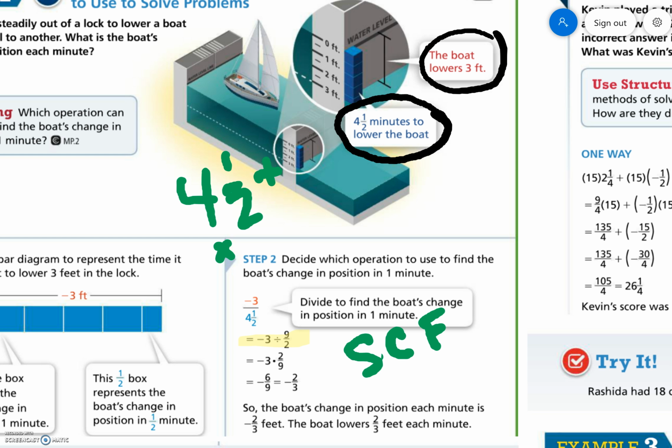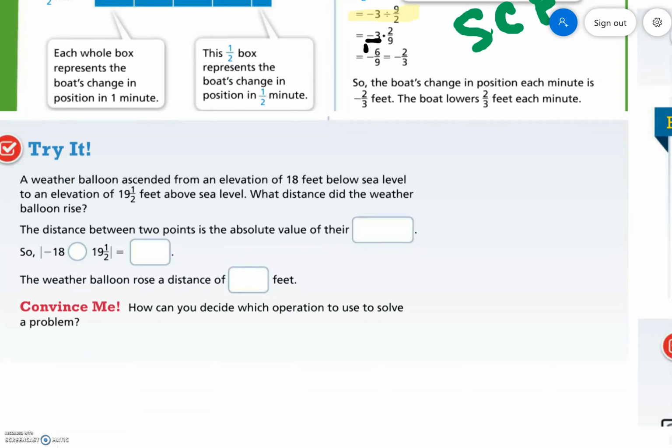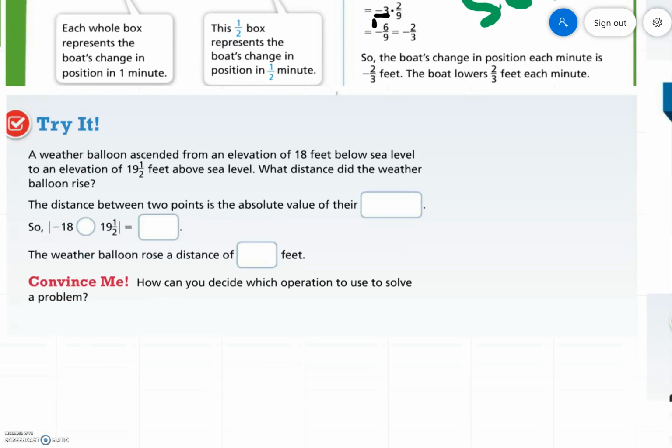So we stay in the -3, change to a multiplication, and flip the fraction. Remember, you can always put 3 over 1 and multiply straight across. So the boat's change in position each minute is negative 2 2/3 feet. The boat lowers 2/3 feet each minute.